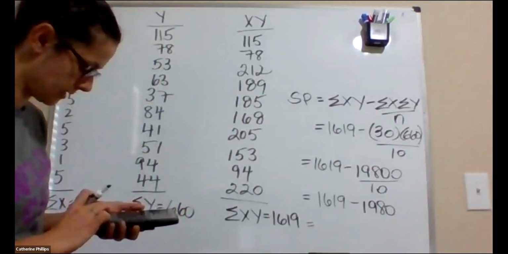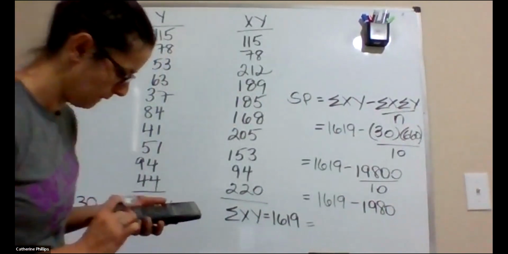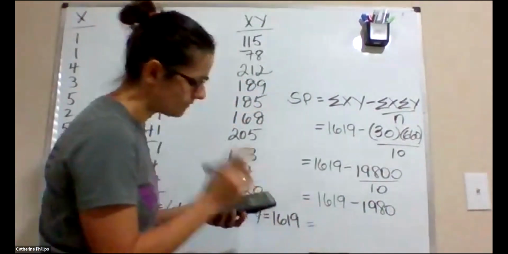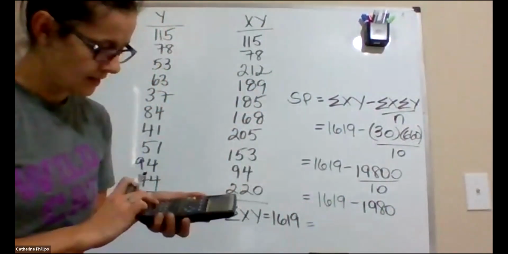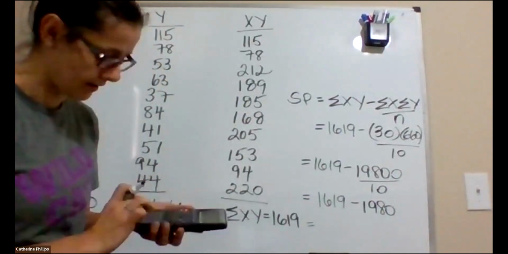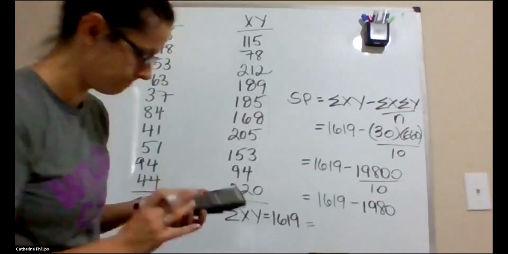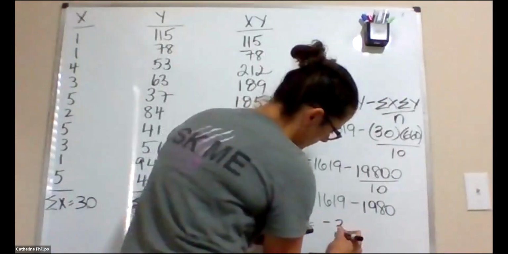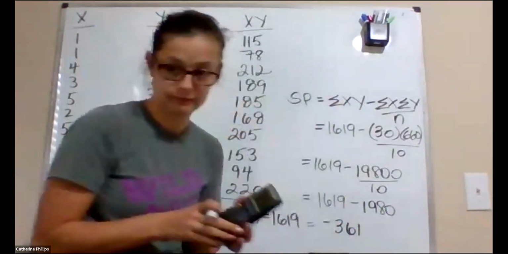Not divided, my bad. 1,619 subtract 1,980. Negative 361.